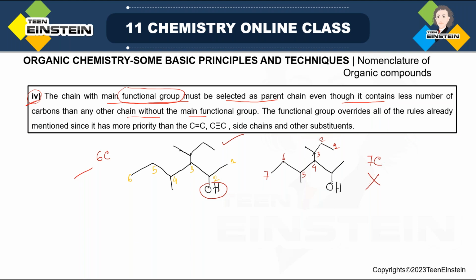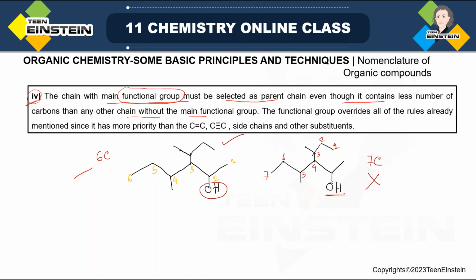The longest carbon chain should contain the maximum number of carbons, that rule is obviously okay, but you also have to keep in mind it should contain OH. So it is basically overriding the other factor. Even if it contains a higher number of carbons, we still do not choose it because the OH group is not present. Here the OH group is treated as if it were a substituent, but that is not the correct way. It must be present in the parent chain.